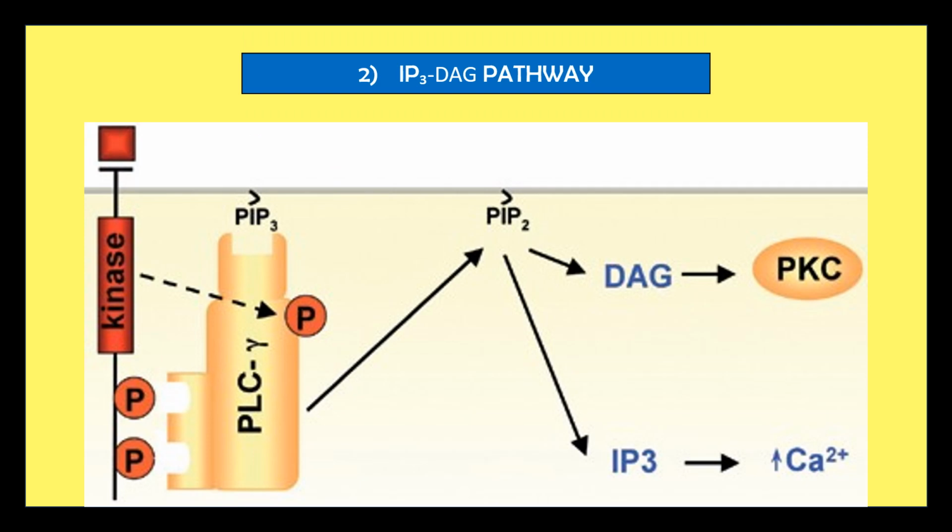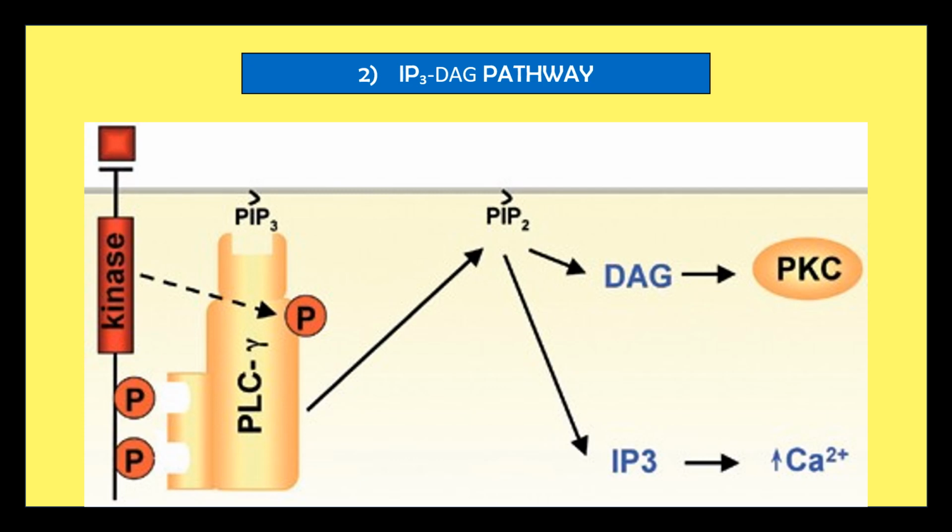Next is the IP3 DAG pathway. Many RTKs can initiate the IP3 DAG pathway by activating the isoform of phospholipase C, that is phospholipase C gamma.